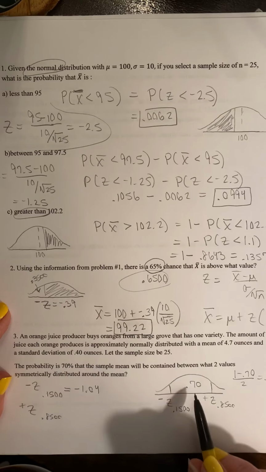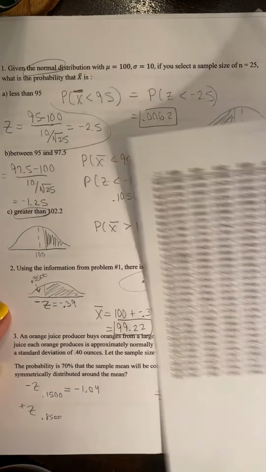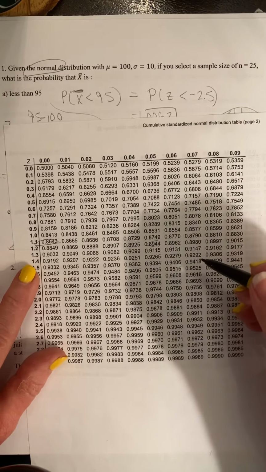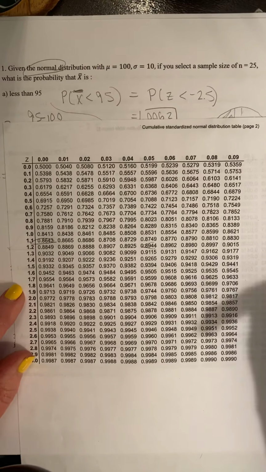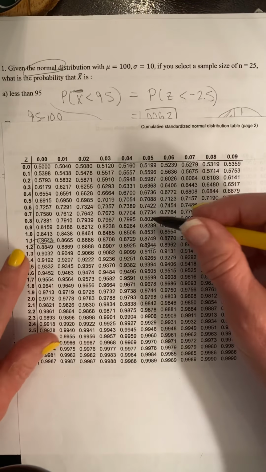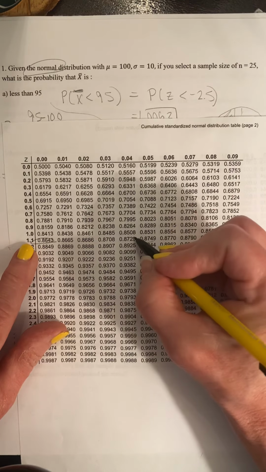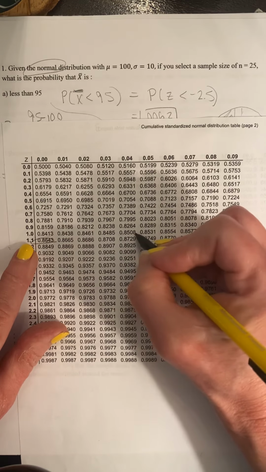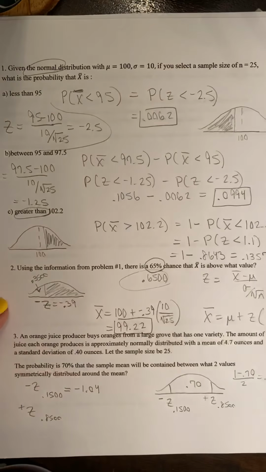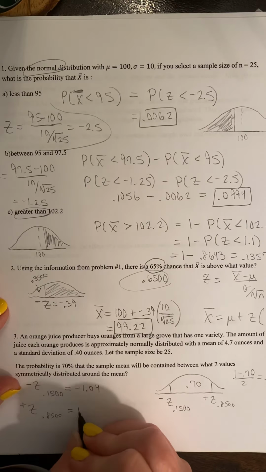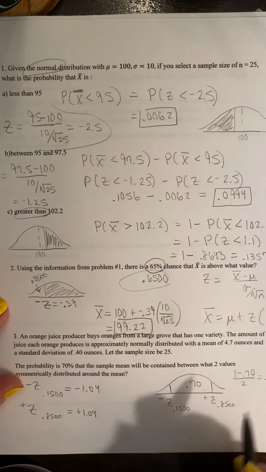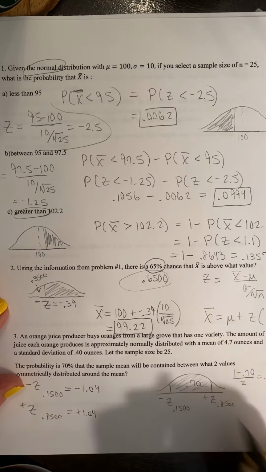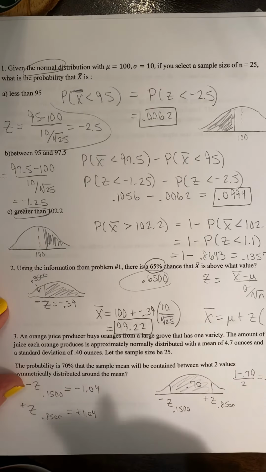You can see these are the same distance from the center, so you won't be surprised at what we find. The closest thing to 8500 is going to be positive 1.04. And this will always happen in these problems where you have a symmetric situation, where everything's symmetric around the mean.